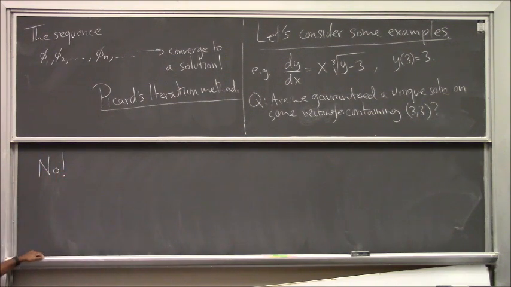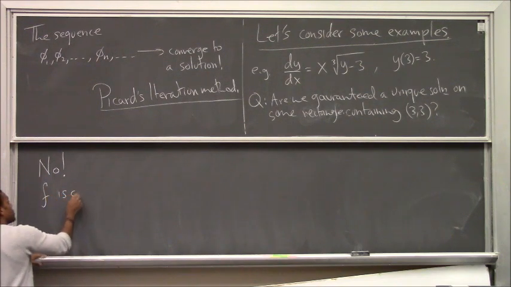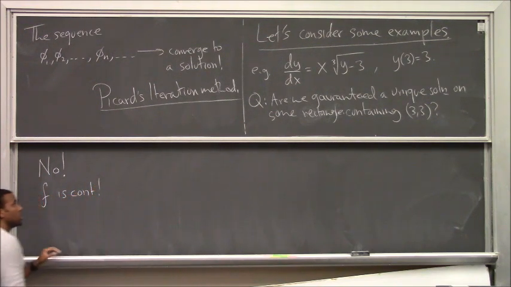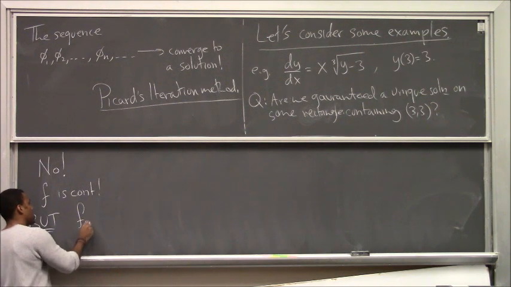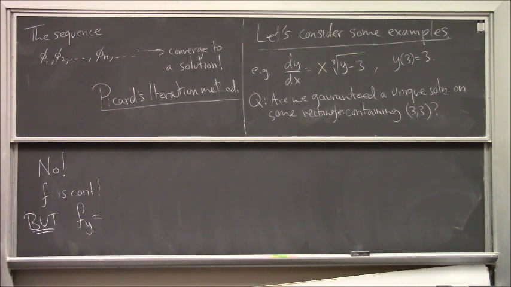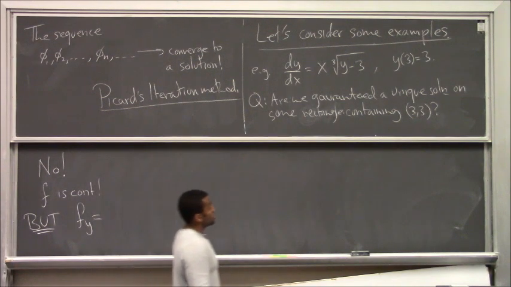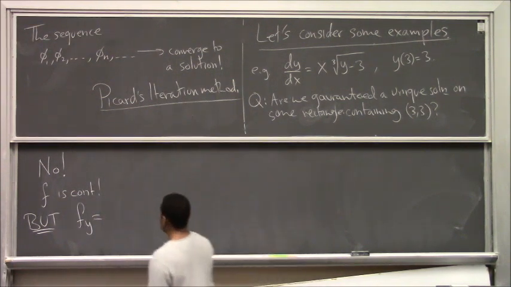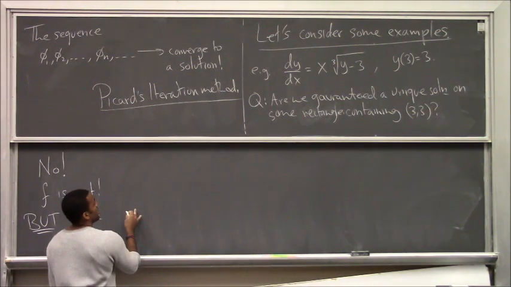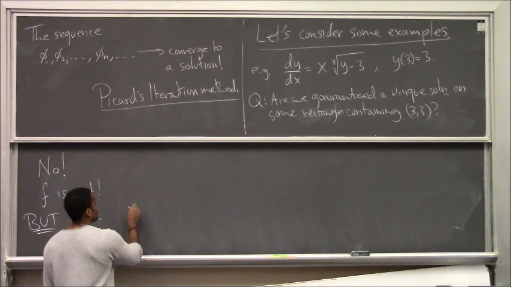Now, why is the answer no? It turns out here that f is continuous. But what about f partial with respect to y? If I look at the partial with respect to y, what would that look like? (y minus 3) to the 1/3, yeah, 1/3.